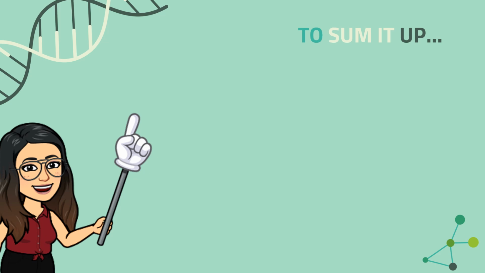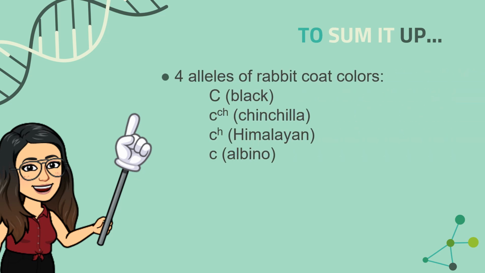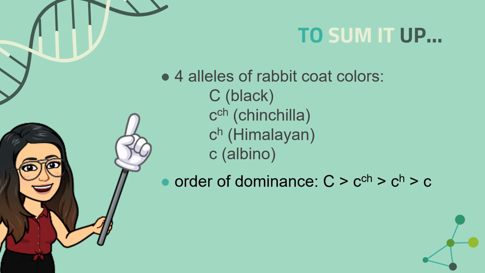For rabbit coat colors, there are four alleles governing it, which are the following: uppercase C for black, lowercase c^ch for chinchilla, lowercase c^h for Himalayan, and lowercase c for albino. Black is dominant over chinchilla, over Himalayan, over albino.